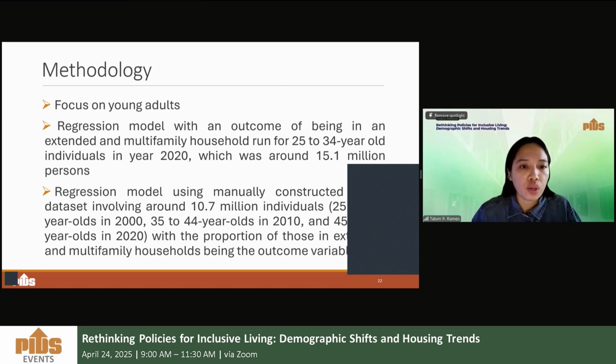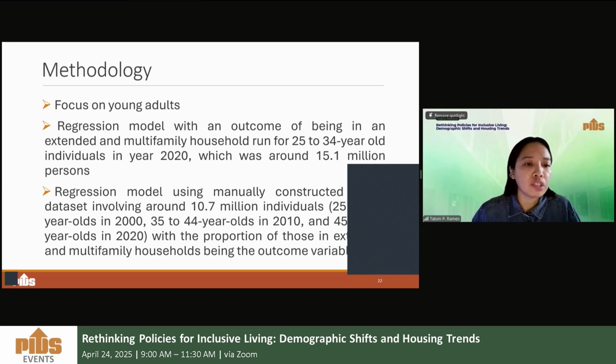And in that study, we focused on young adults because we expect that these 25 to 34 young adults are expected to leave their parental home and possibly form their decision because of concerns on work, also childcare and so on. So we try to look into these factors by undertaking regressions.